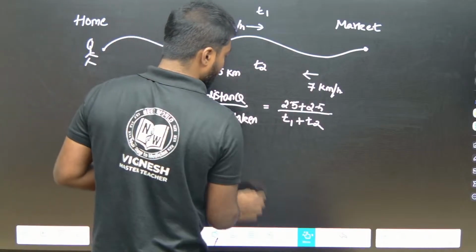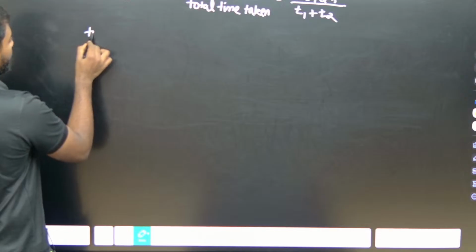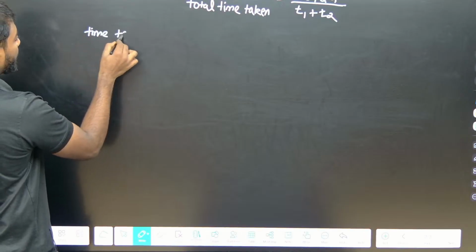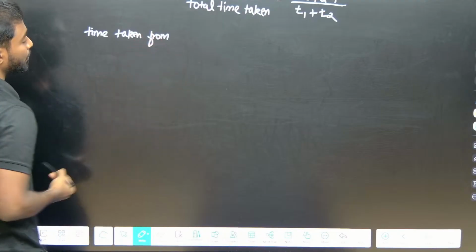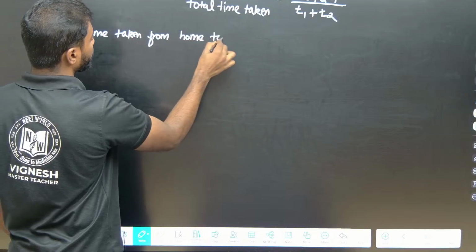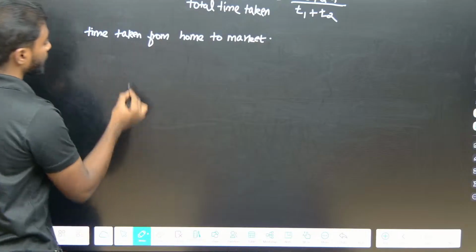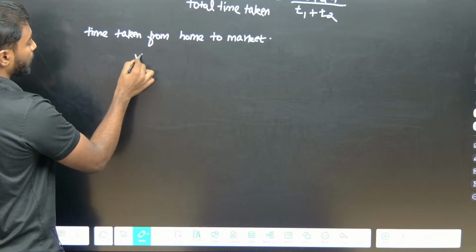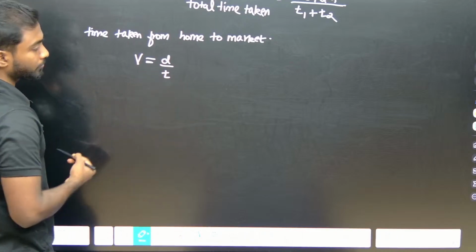So let me find the time taken. First, we will find the time taken from home to market. We know that speed equals distance by time.